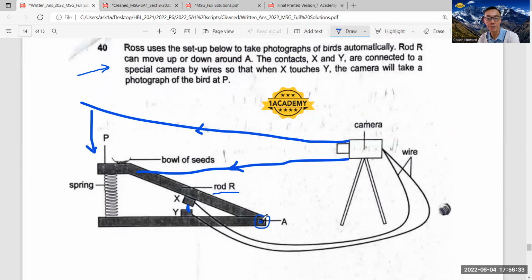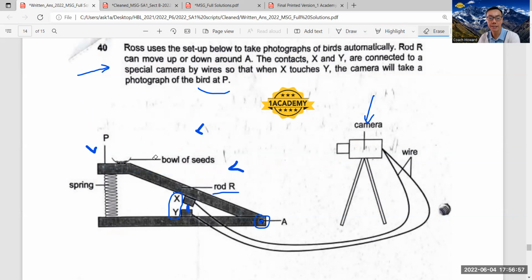There's a screw down here around A. The contacts X and Y here are connected to a special camera, this camera here, by wires. So that when X touches Y, when they touch each other, the camera will take a photograph of the bird at P. So this is what happens if I remove all the annotation, right? So you try to visualize what happened.